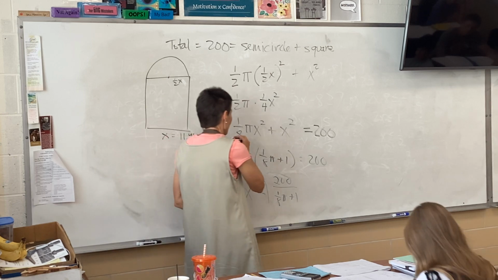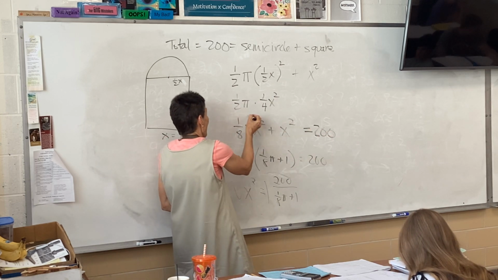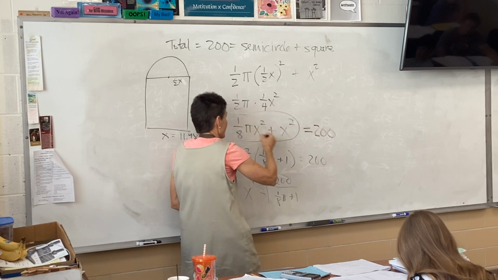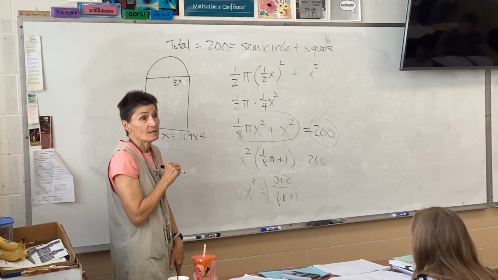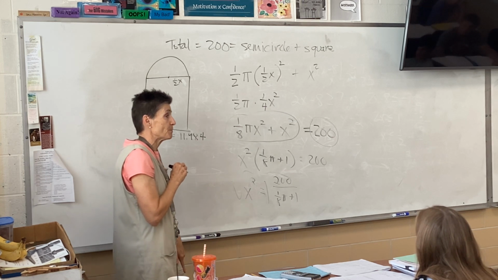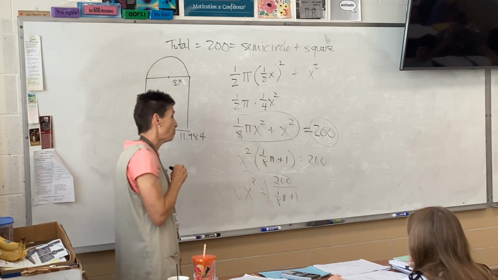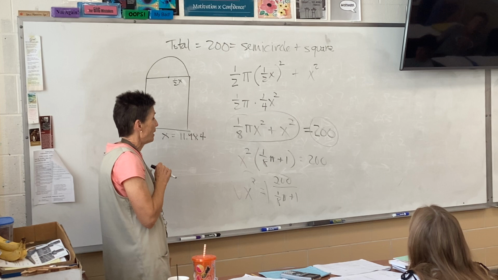You could also, some of you are getting stuck at this point, you could also have graphed this and graphed this and looked to see where they intersect. And I think you may have been having some window problems with that. I'm not exactly sure.